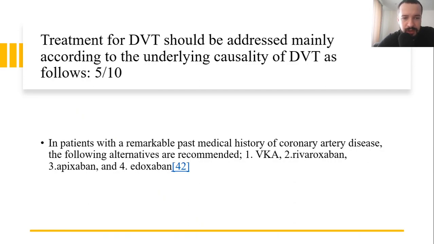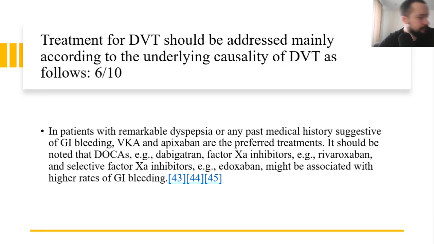In patients with a remarkable past medical history of coronary artery disease, the following alternatives are recommended: vitamin K antagonists, rivaroxaban, apixaban, and edoxaban. And in patients with remarkable dyspepsia or any past medical history suggestive of gastrointestinal bleeding, vitamin K antagonists and apixaban are the preferred treatments.